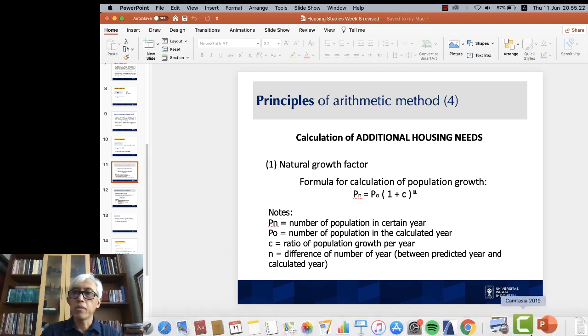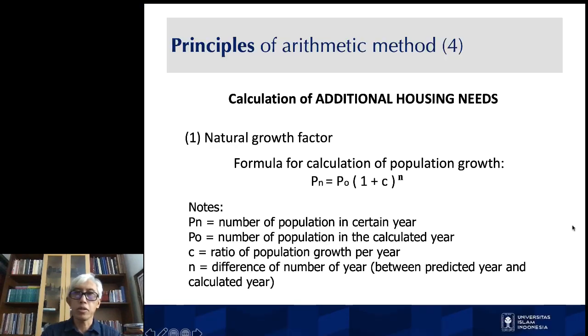Okay, after we calculate the housing shortage, the next step is to calculate the additional housing needs. The first factor that we have to find out is the natural growth factor, which is the additional housing needs as a result of natural growth of the population. And this is the formula.